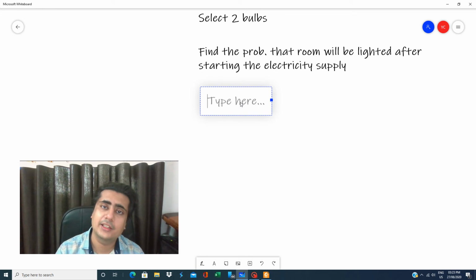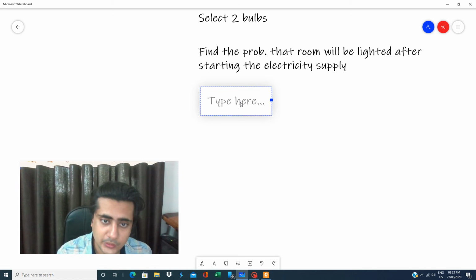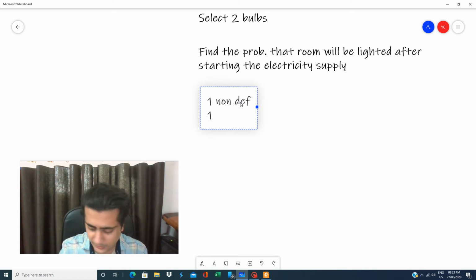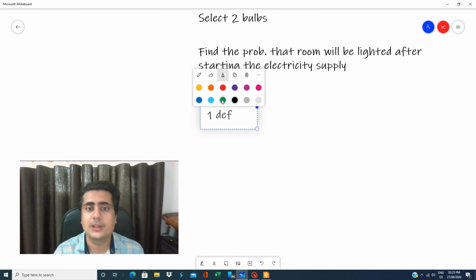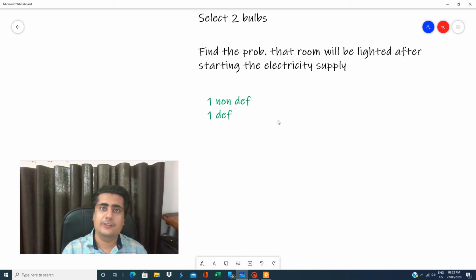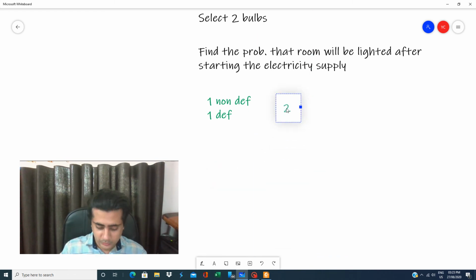If you are selecting two bulbs and fitting them in the holder, if you get one non-defective and one defective, will the room be lighted? Yes, it will be lighted. Or if I select both non-defective, then the room will be lighted.